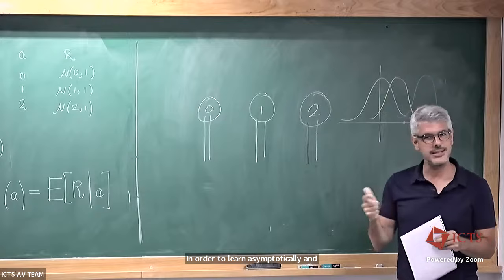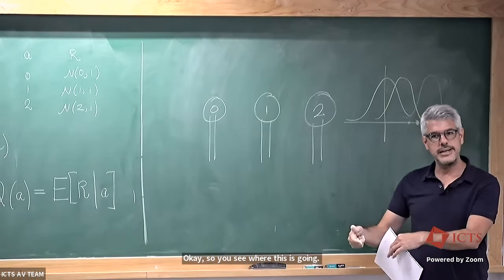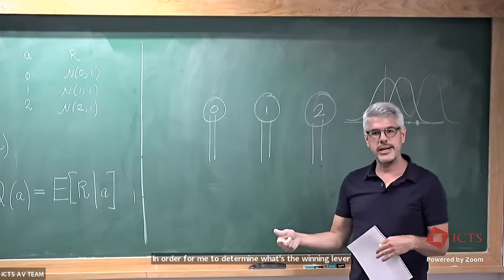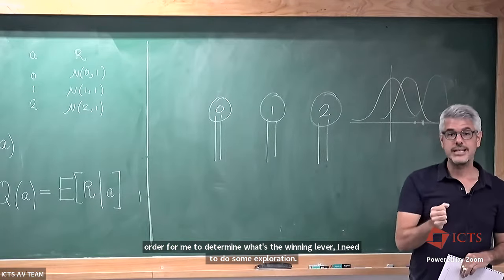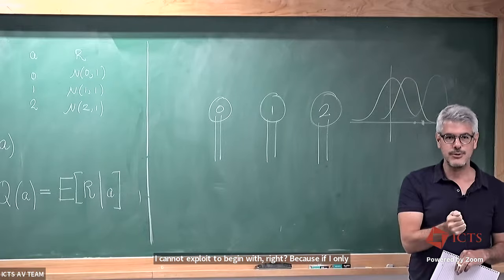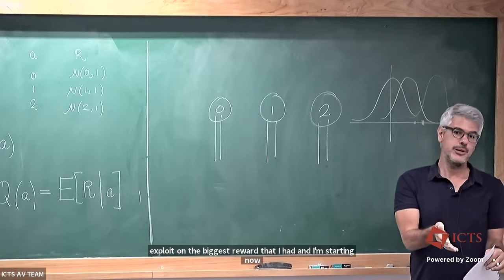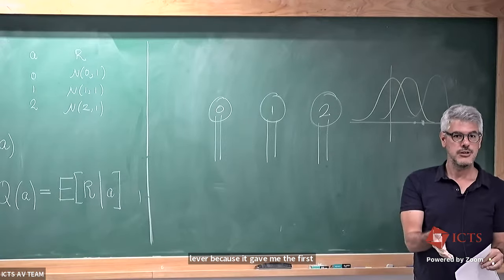Okay, so you see where this is going. In order for me to determine what's the winning lever, I need to do some exploration. I cannot exploit to begin with, right? Because if I only exploit on the biggest reward that I had, and I start now pulling the lever 0 and say, this is the winning lever because it gave me the first largest return, that's not good, okay?